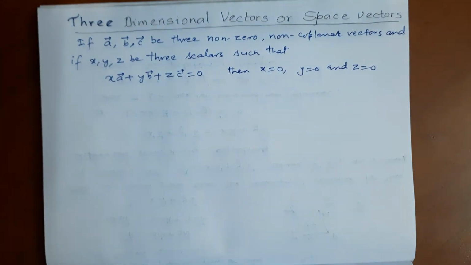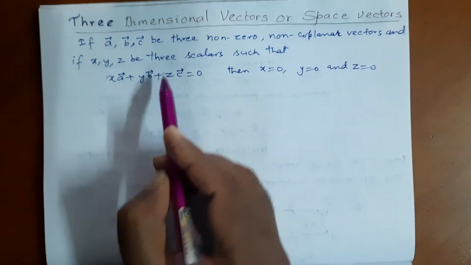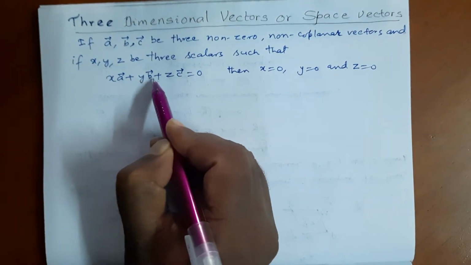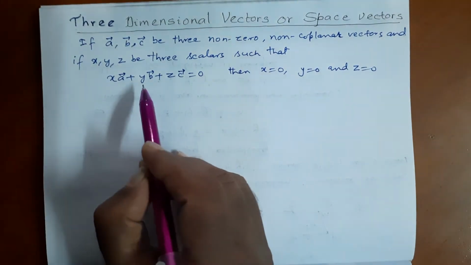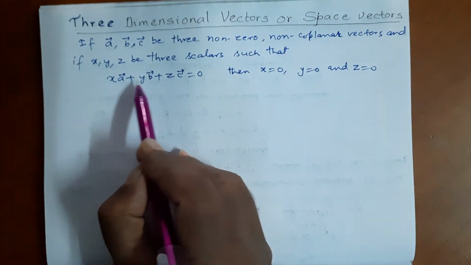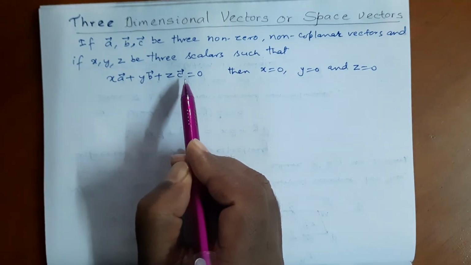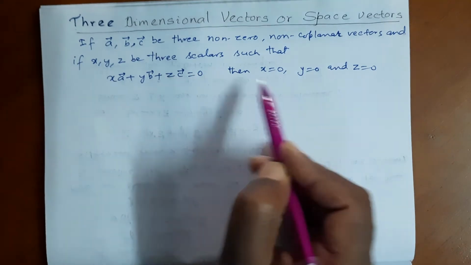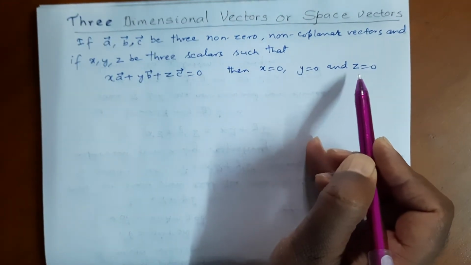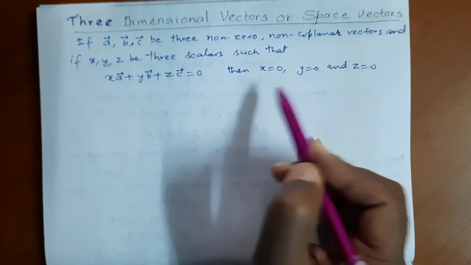Okay, so here if vectors A, B, C are three non-zero and non-coplanar vectors, then for the sum of these three vectors to be 0, the scalars x, y, and z must all be 0, otherwise it's not possible.